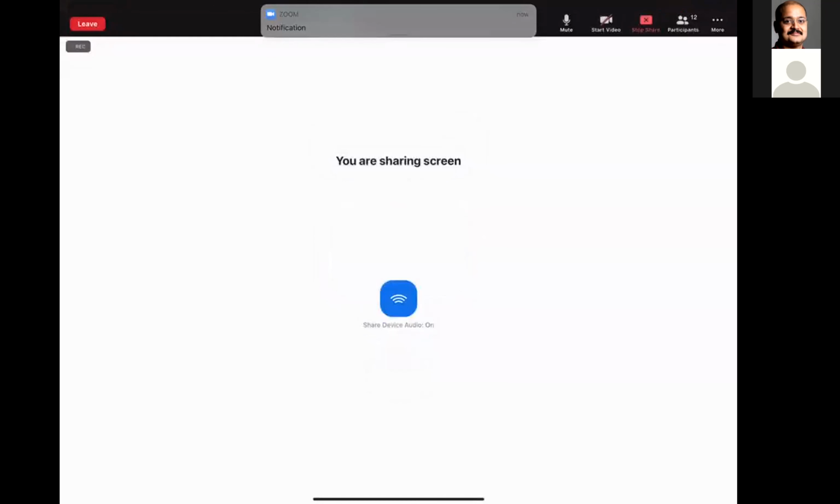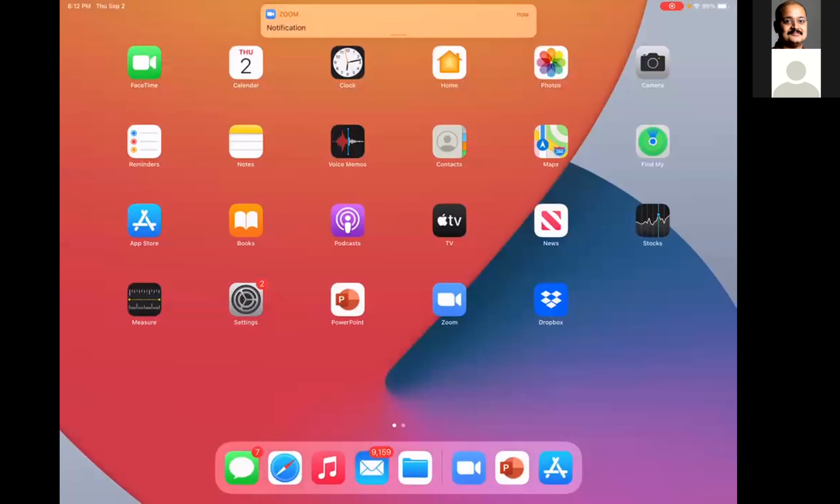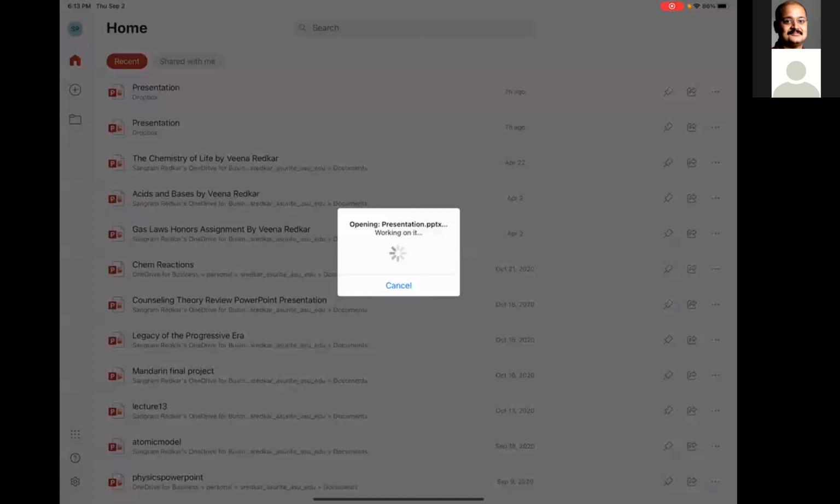Yep, this was happening to Zoom all along. In the robotics class, same thing unfortunately happened. So my apologies. Zoom has been a little bit problematic today.